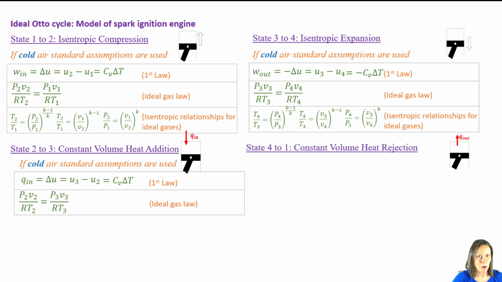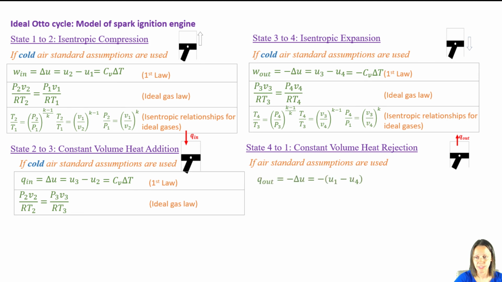All right, one more process left, constant volume heat rejection process. So if I apply my first law, well, it's a constant volume process, so I have no boundary work and no other type of work going on. So the work out and work in terms are going to go away. And I've got a Q out, not a Q in, so that's going to go away.